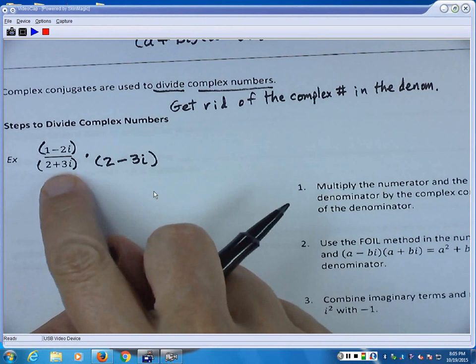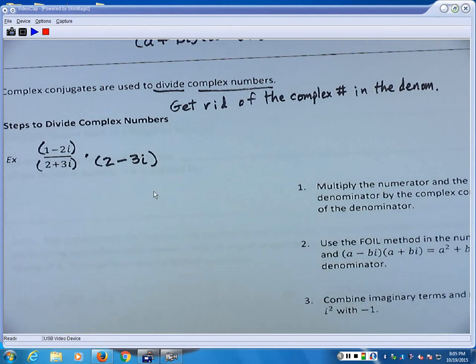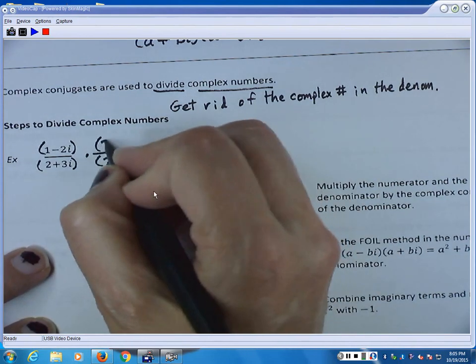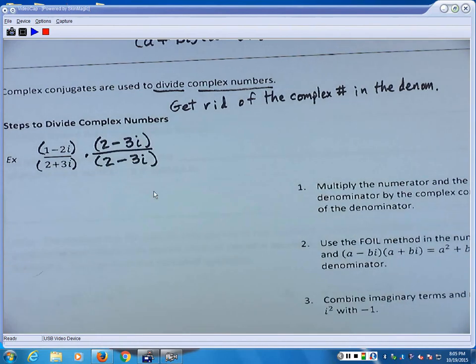It's 2 plus 3i, so we'll multiply by 2 minus 3i. Well, if we multiply the bottom of a fraction by something, we have to multiply the top by the same thing, so that we don't change the value, we just change the look of the fraction. Anything over itself is 1, so we're just changing the look of this fraction rather than the value of it. So that's how you do this.